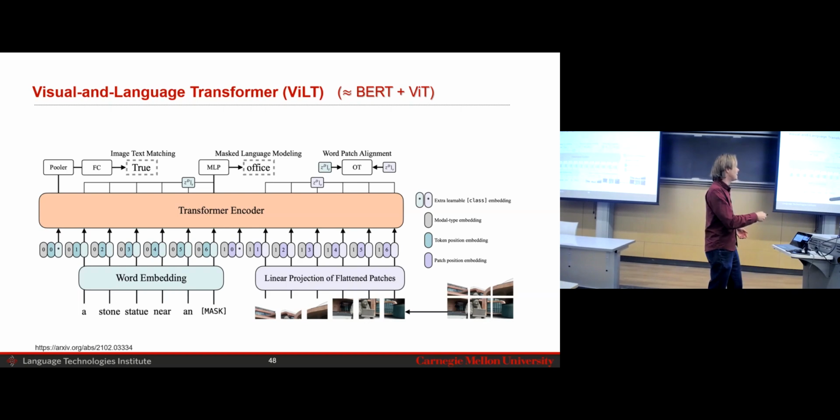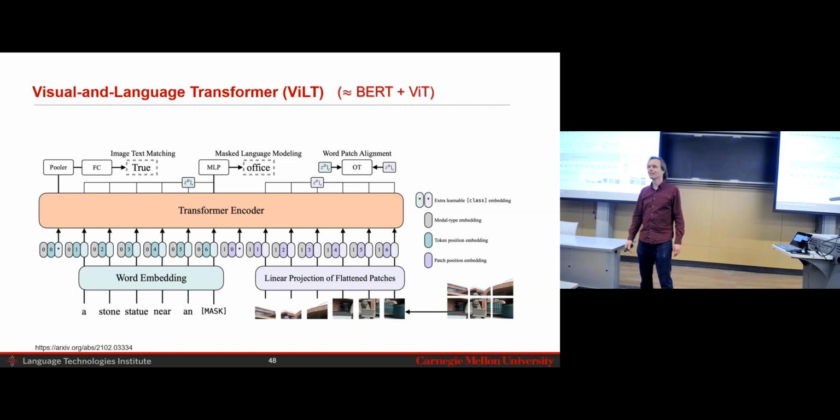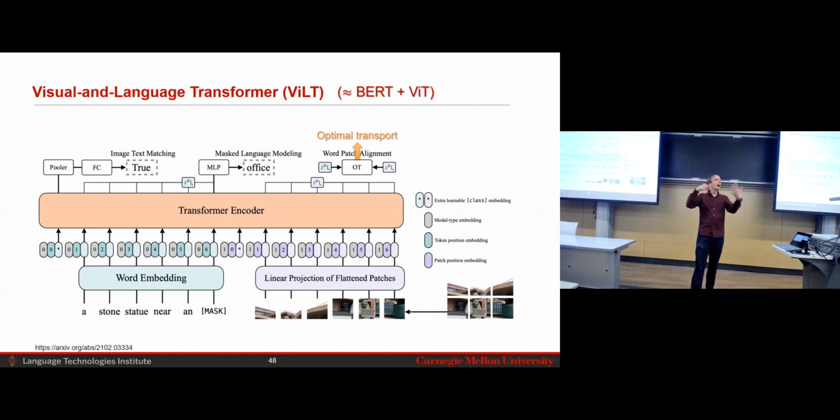Okay. And OT, this is last week, optimal transport. So they use optimal transport to see if they align with each other. Optimal transport was to align 2 modalities together.